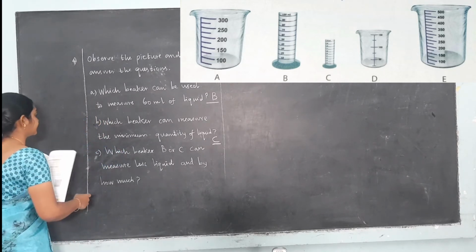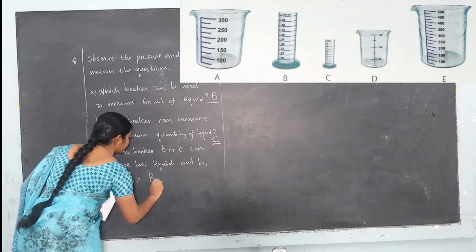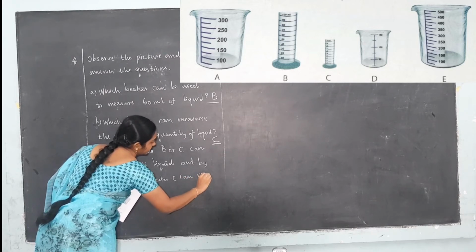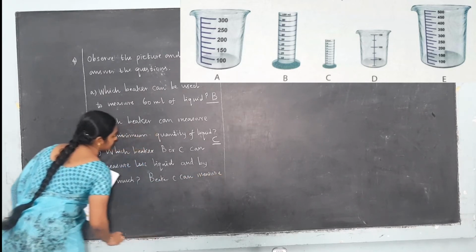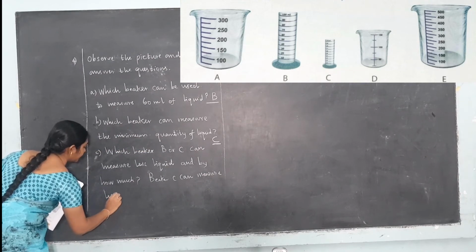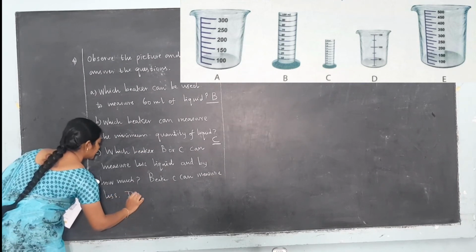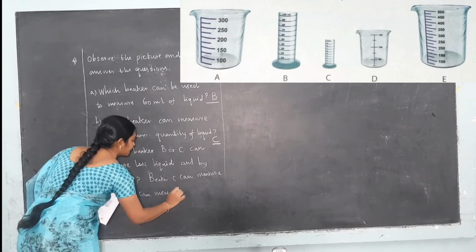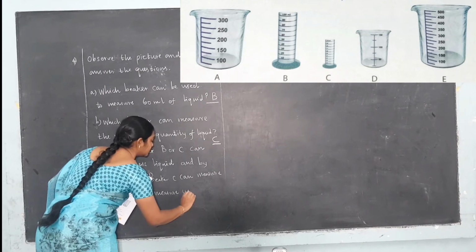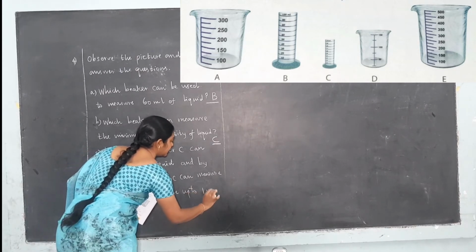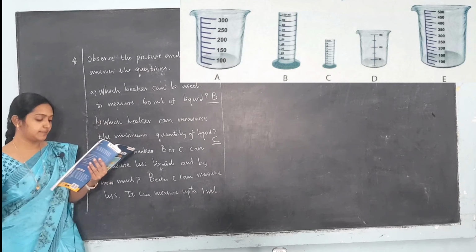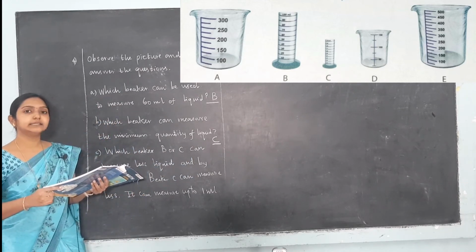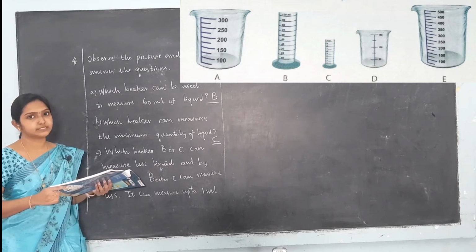So, the answer is beaker C, and it can measure up to 1 milliliter.